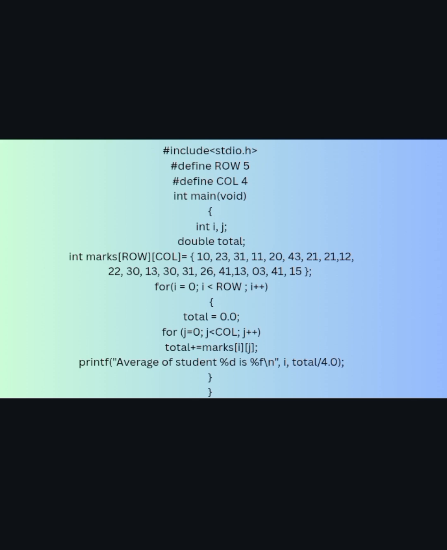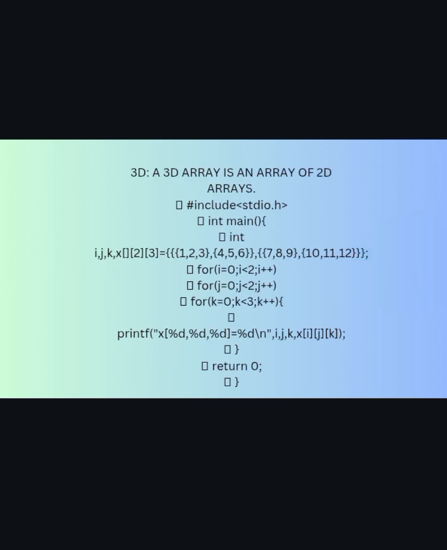For i = 0, i < ROW, i++, total = 0. For j = 0, j < COLUMN, j++, total += marks[i][j]. printf average of student %d is %f \n, i, total / 4.0.